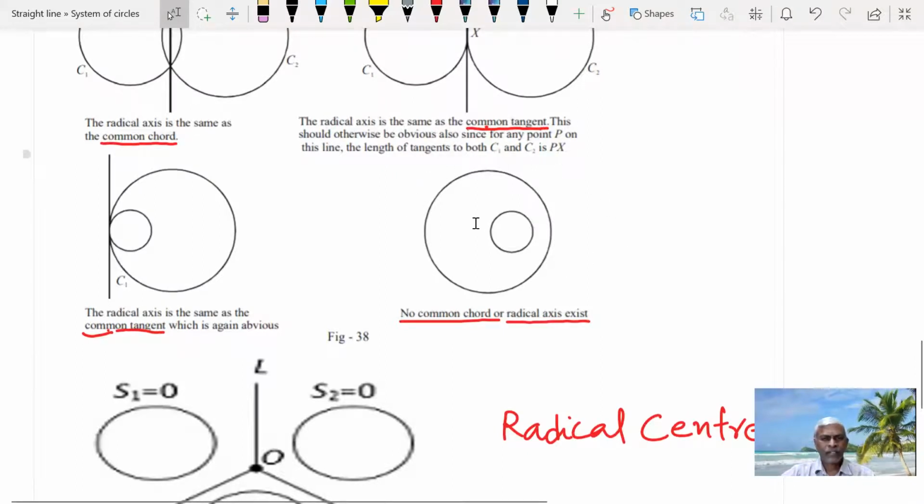If the circles are separated, one inside the other, ఒక వృత్తం రెండో వృత్తం లోపల తాకకుండా విడిగా ఉన్నప్పుడు no common chord or radical axis exists. మూలాక్షం కానీ ఉమ్మడి జ్యా కానీ ఈ సందర్భంలో వ్యవస్థితం కాదు.